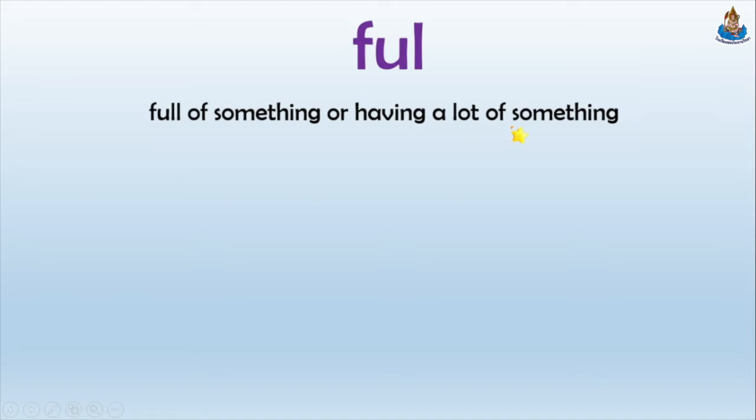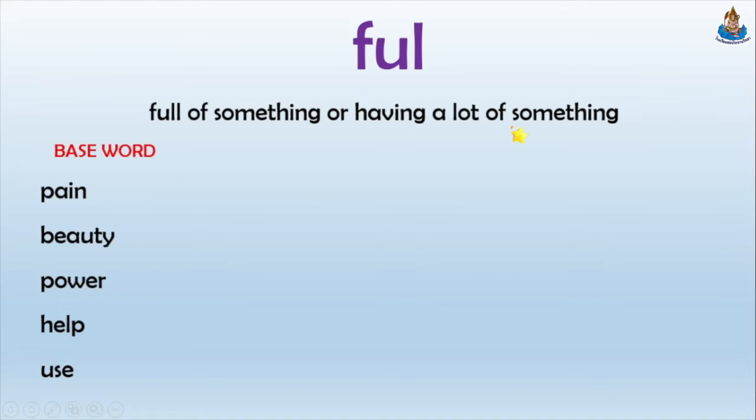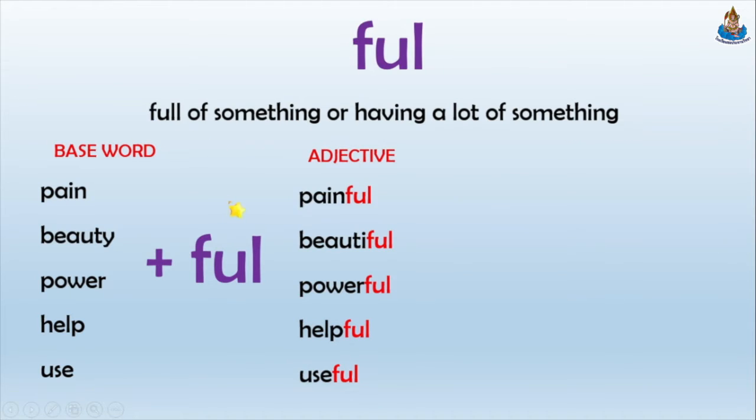For our base words, we have here the words pain, beauty, power, help, and use. To these base words, we add the suffix full. Once again, full means having a lot of something. So when we add pain plus full, it becomes painful.